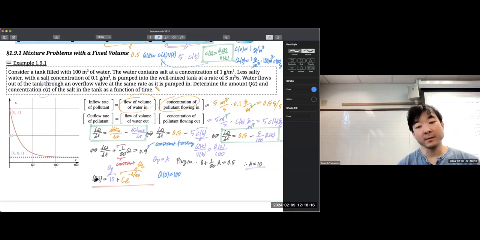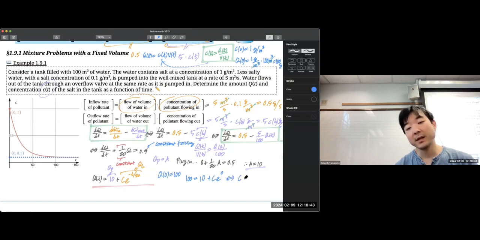Then what would that give you for the C? That means you're plugging this into the solution. So you're going to say 100 is equal to 10 plus C times e to the 0, because you're just saying the initial time. So that means T is equal to 0, and 0 divided by 20 is 0. So you just get 1, because e raised to 0 is 1.